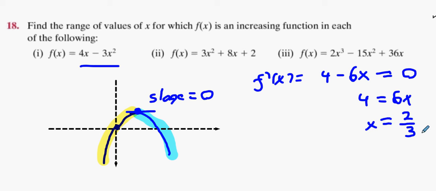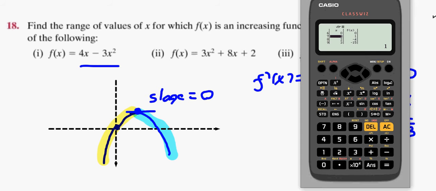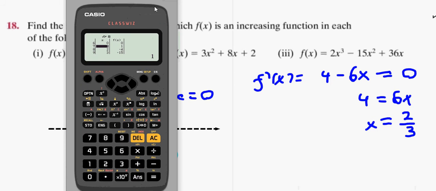Now, if you aren't sure about this, here's what I recommend you do. Go back to your table function, and it's almost like you're zooming in. Instead of doing it from -5 to 5, go from 0 to 1, do a step of 0.1, and you can verify what you just saw. Look at the y values.